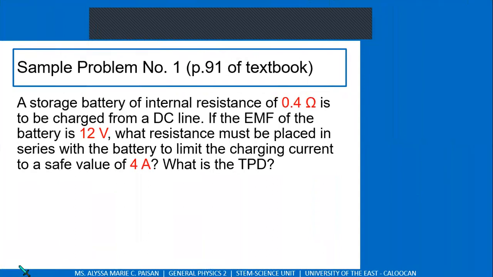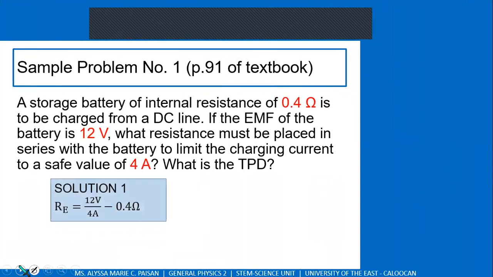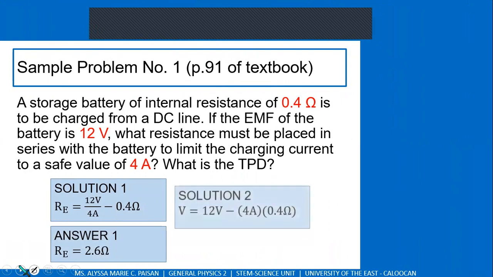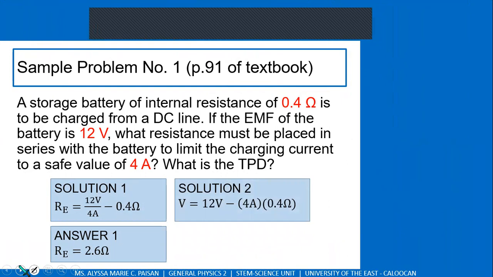Now let's proceed to the solution. We just have to substitute everything and we get, excuse me, 2.6 ohms for the external resistance. Notice, ang laki medyo malaki yung diferensya ng internal saka ng external. Tapos sa solution 2, we substitute again and we get the 10.4 voltage or the TPE.